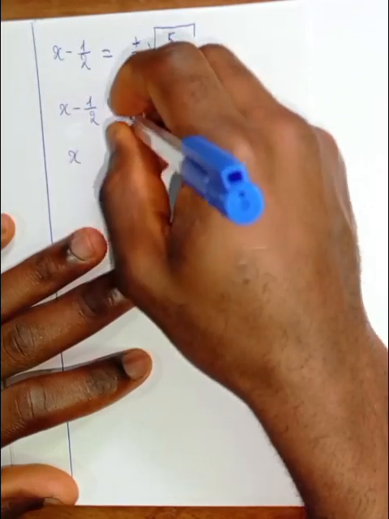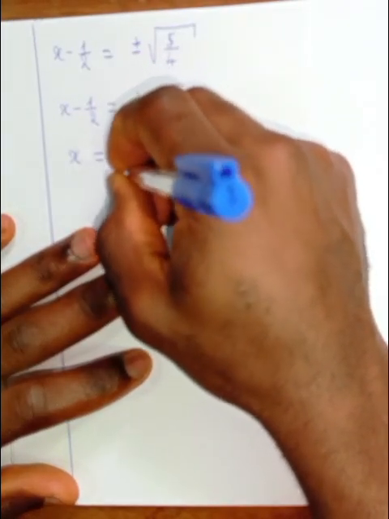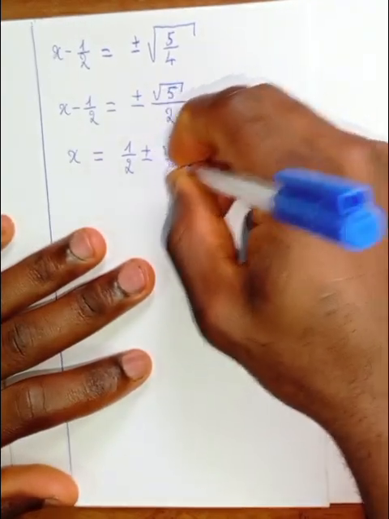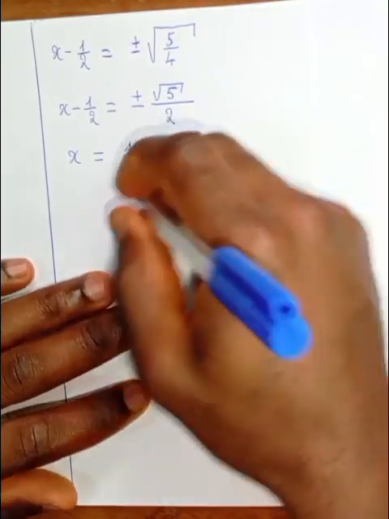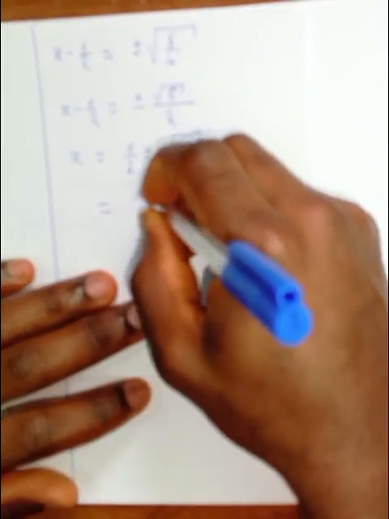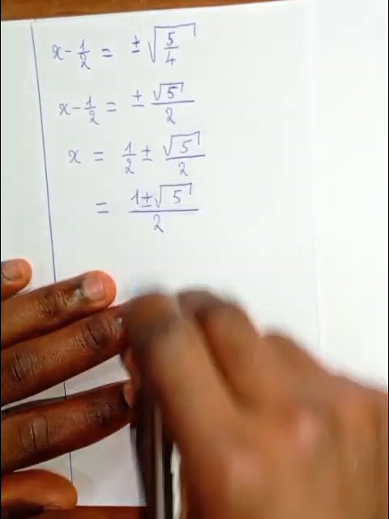Next step, we are going to send negative a half to the right hand side. This will give us x is equal to a half plus or minus the square root of 5 all over 2. This will simply be equal to, the denominators are the same, 1 plus or minus the square root of 5 all over 2.